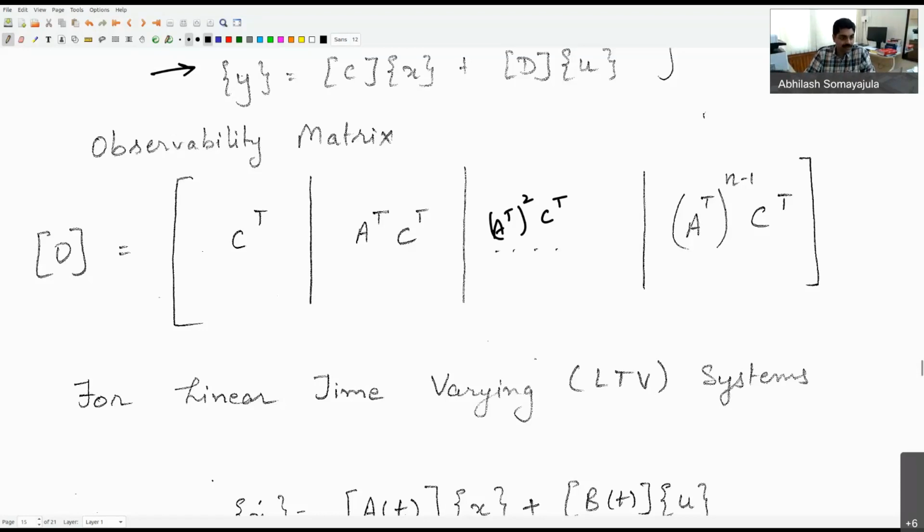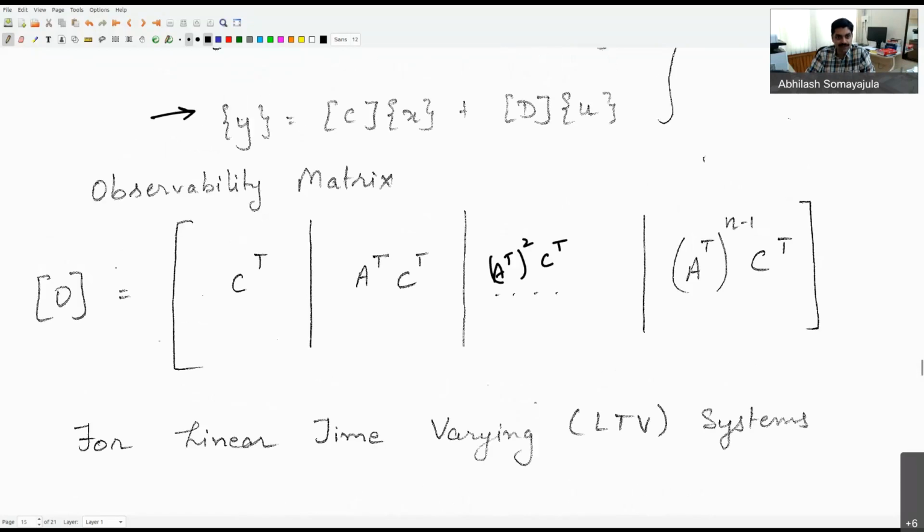Okay, where was I? So this matrix need not be a square matrix. In general, it will depend on the number of outputs I have and the number of inputs I have. If the number of outputs is 1, then C is basically a row vector.